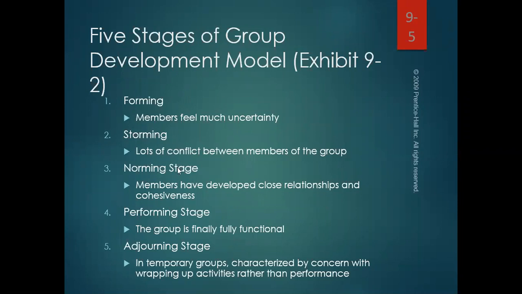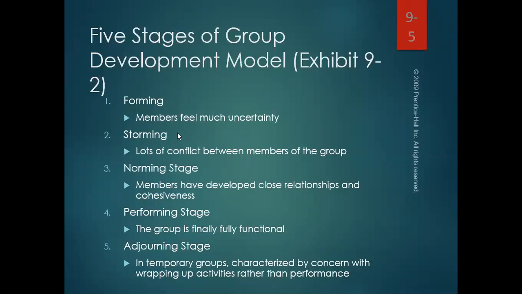In the norming stage, the conflicts are much more resolved, and then people are more performing. There is a possibility that when you are in the performing stage, conflicts also arise in this stage as well.